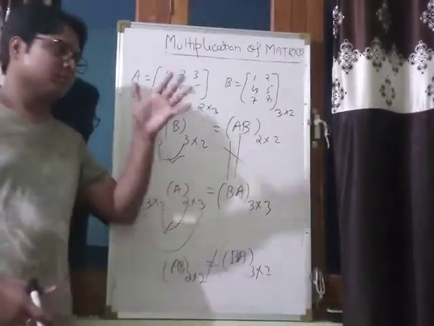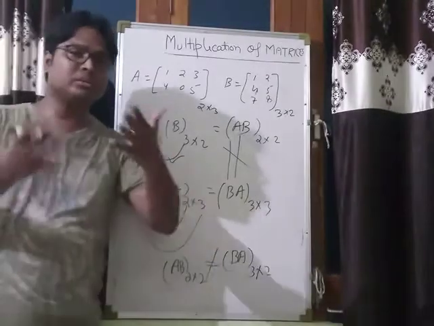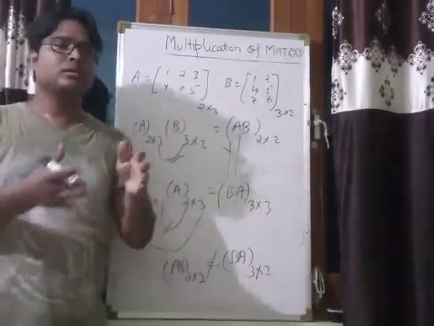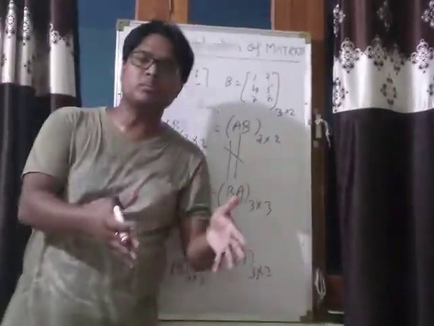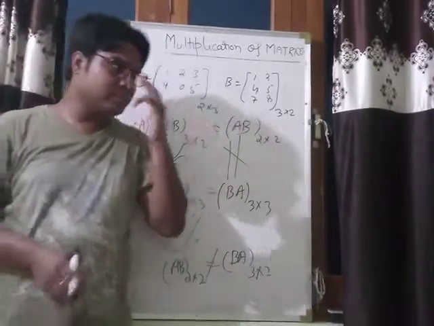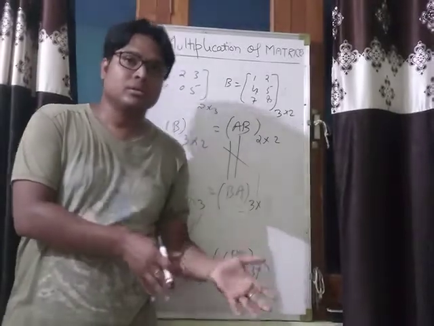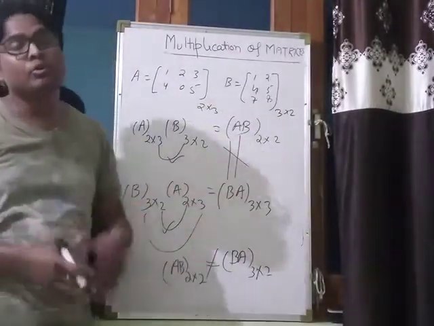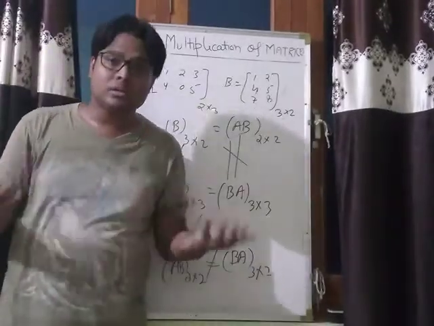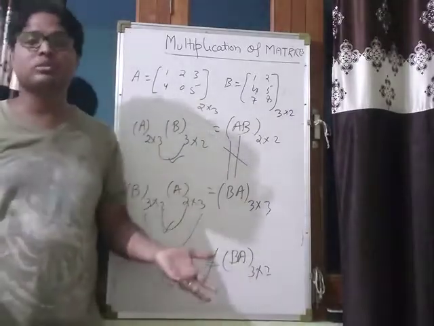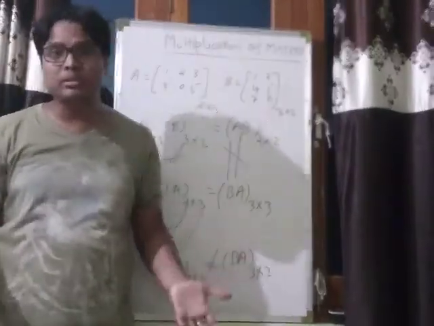That's why in the first case we saw that AB may exist but BA may not exist. The question arises whether BA also exists. You can see here AB and BA both exist but they are not of the same order. Clearly they cannot be equal to each other.